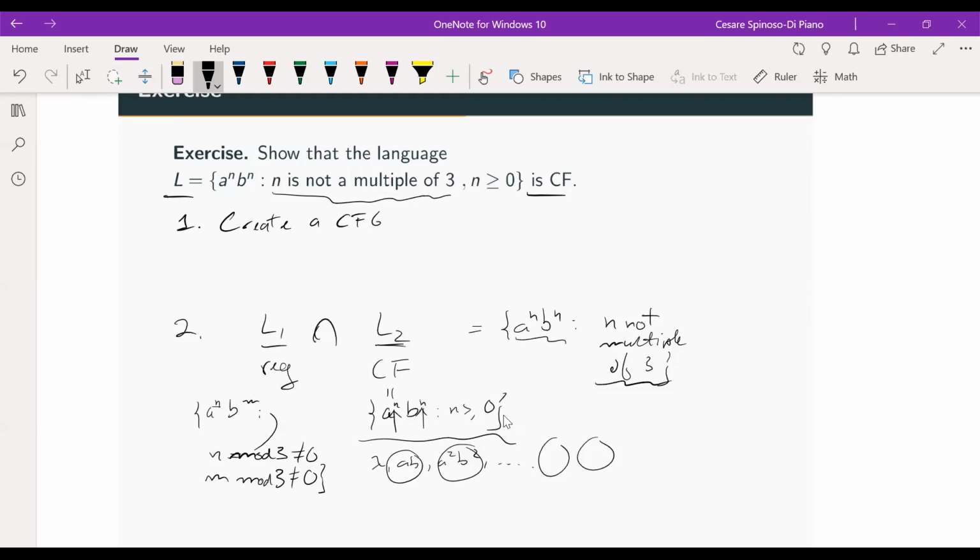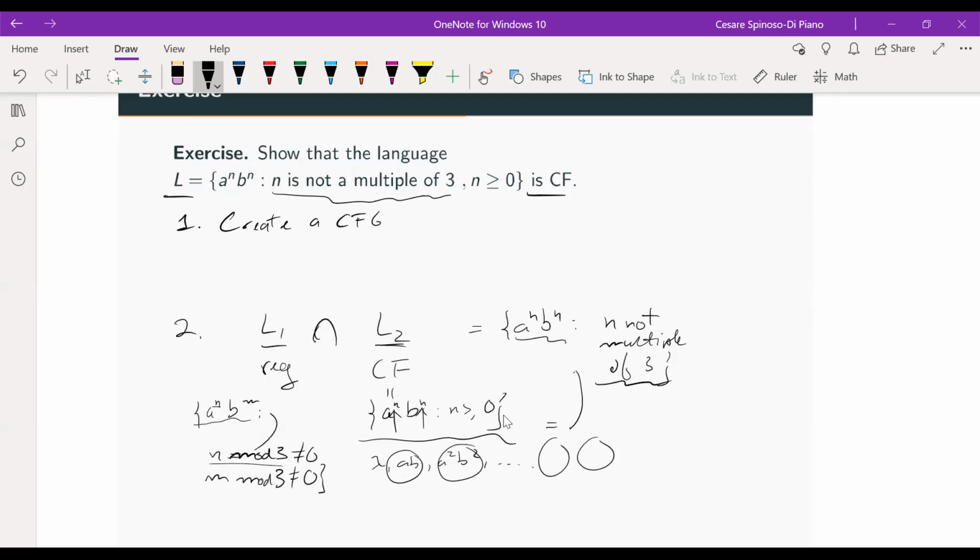So these are a's and b's such that there isn't a multiple of 3 a's and there isn't a multiple of 3 b's. When you intersect that with a^n b^n, you get the same number of a's as b's with the extra condition that n mod 3 is not equal to 0 and m mod 3 is not equal to 0.